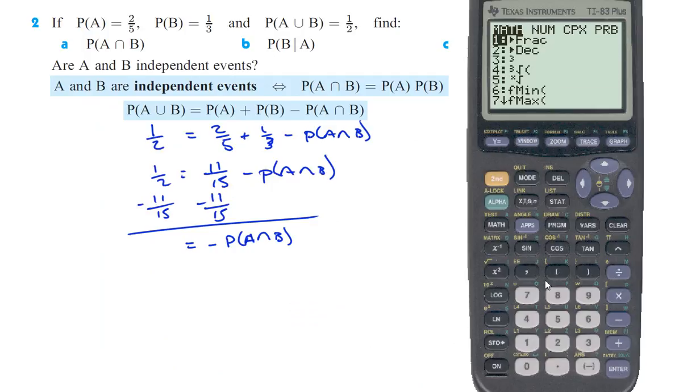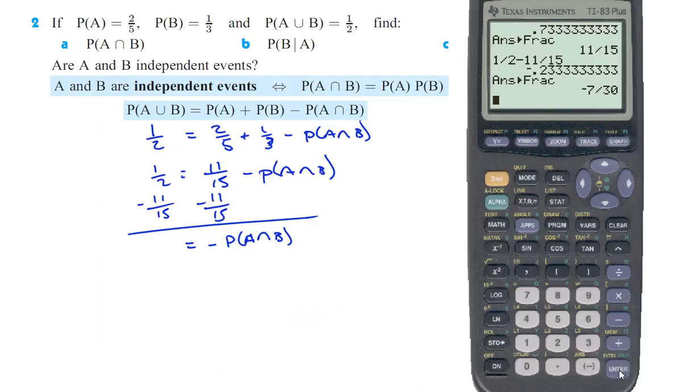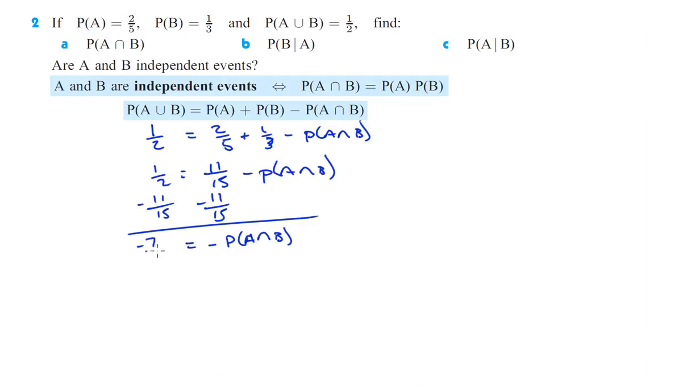Again, we turn that into a fraction and make it a little bit nicer for us, and that's negative 7/30ths. So we can simply just switch the signs on both of those. So we've got the probability of A intersect B is 7/30ths.